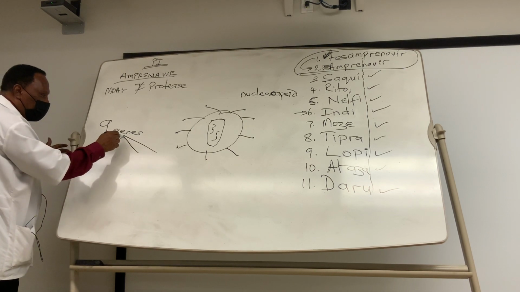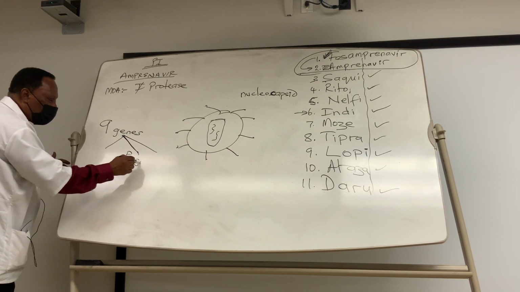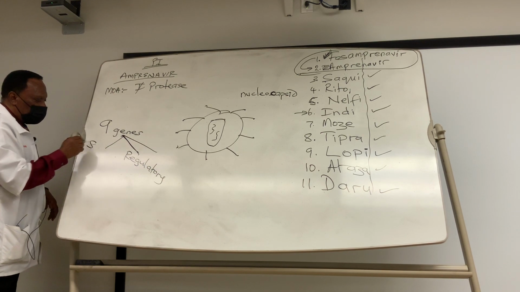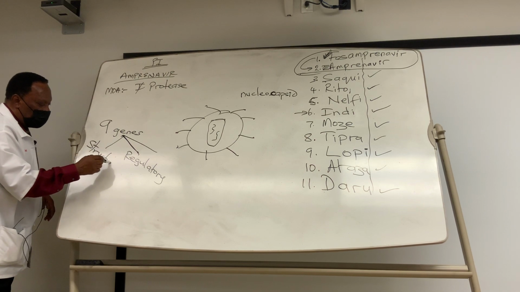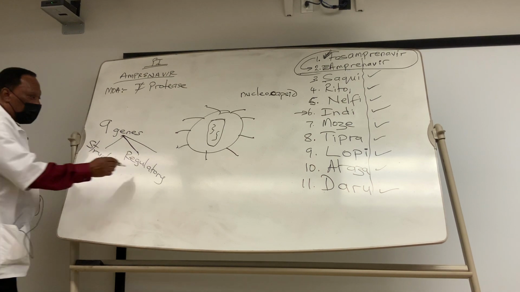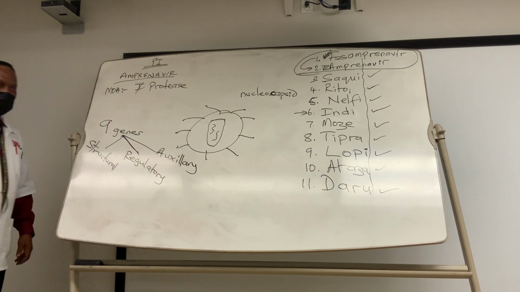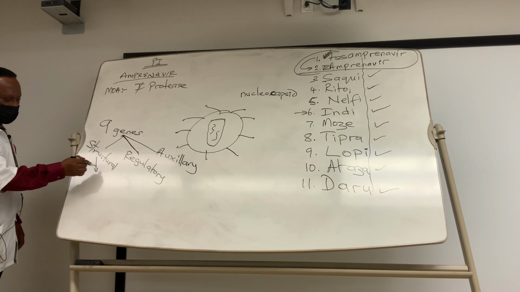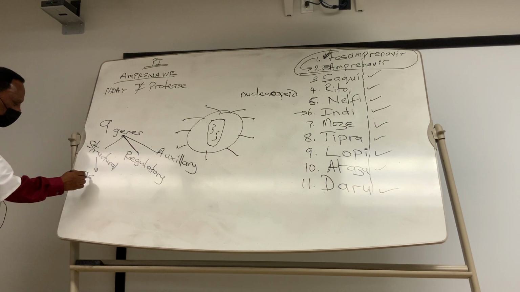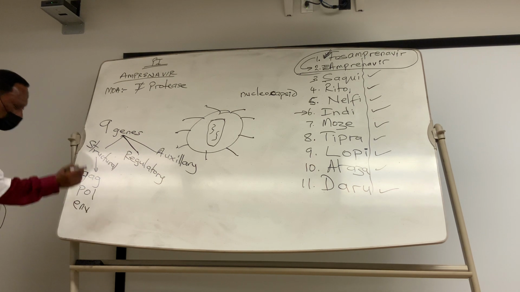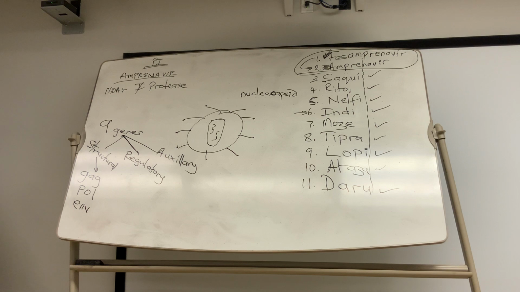You have some that are called regulatory genes, some that are your structural genes, and some that are called auxiliary genes. The structural genes are your GAG, POL, and ENV. Of course, the ENV produces the envelope for that virus.